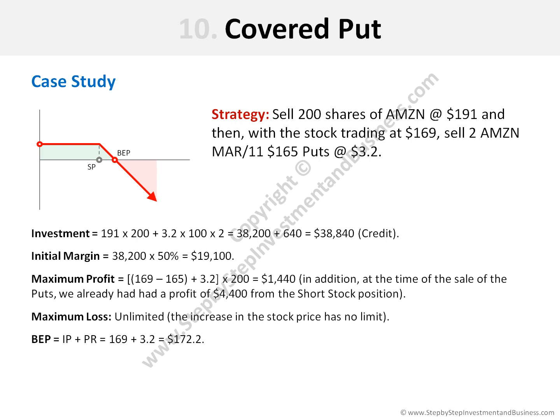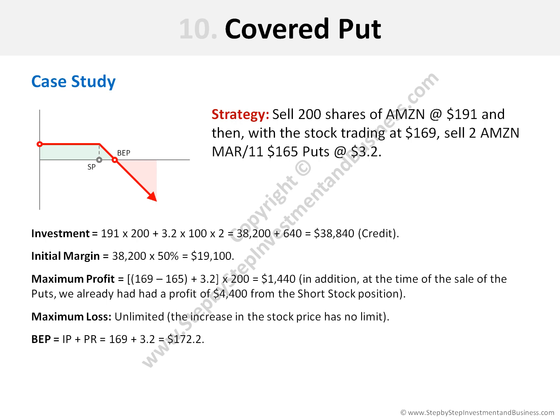Therefore, our investment is equal to the $38,200 received for selling the shares plus the premium received for selling the puts. The premium received is equal to 3.2 multiplied by 100, which is the price of each contract, multiplied by 2, which is the number of contracts sold. That is $640. So our investment is $38,840.